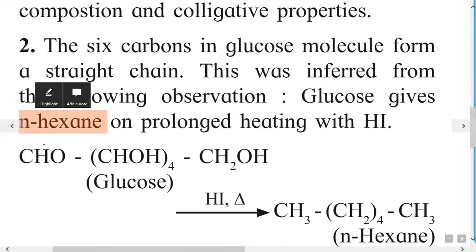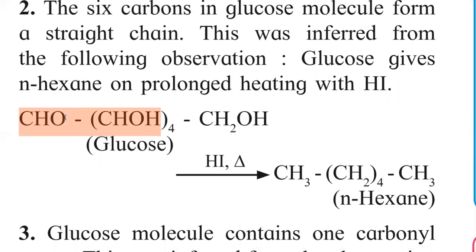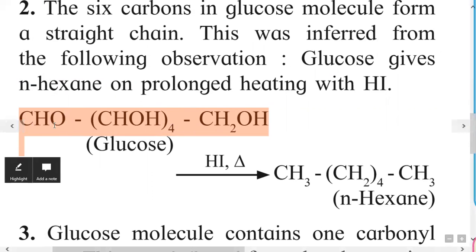So glucose gives n-hexane on prolonged heating with hydroiodic acid, and the reaction is CHO, CHOH 4 times, CH2OH. This is the straight chain structural formula of glucose.